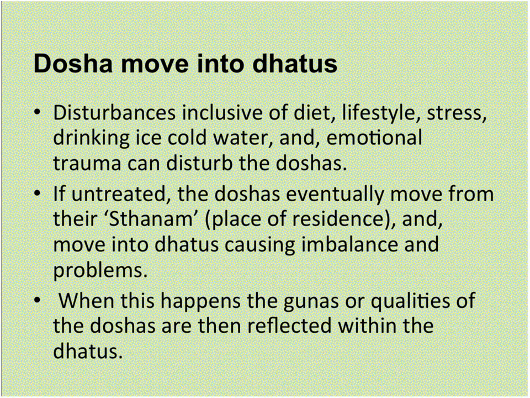During Rasa Dhatu, we have also seen how it gets imbalanced by different doshas. These are the different ways doshas move into dhatus. For example, disturbances in our diet, lifestyle, stress, drinking ice cold water, any kind of emotional trauma disturb our healthy equilibrium state and aggravate doshas.